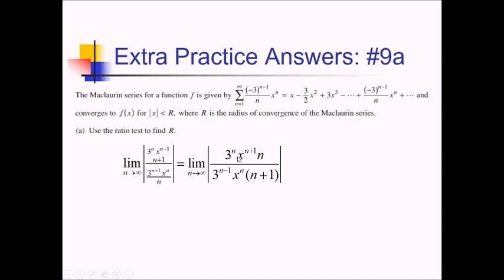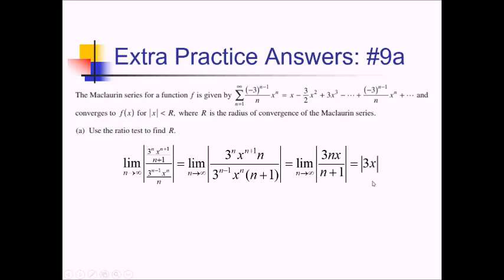So I have a 3x in my numerator, and all that's left in the denominator is n plus 1. As n goes to infinity, I can ignore this plus 1. So I essentially have a 3xn over n. N's cancel, so I just end up with absolute value then of 3x.